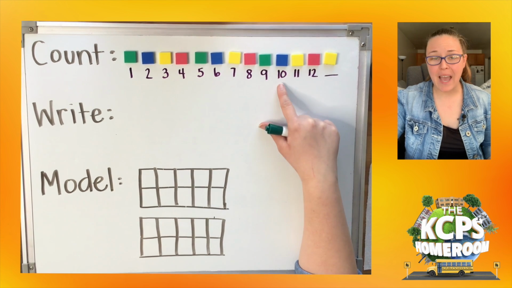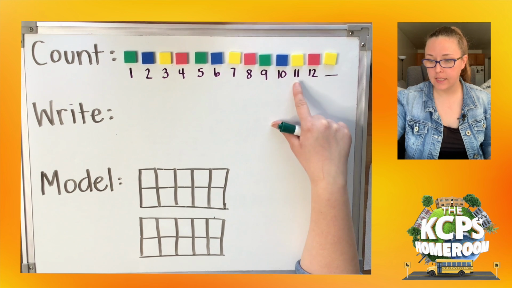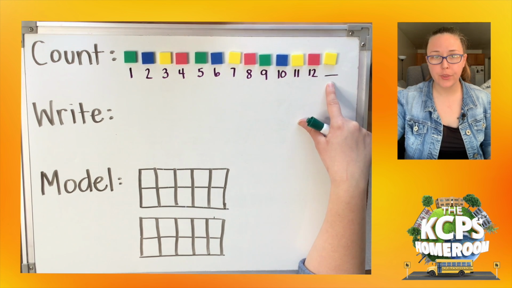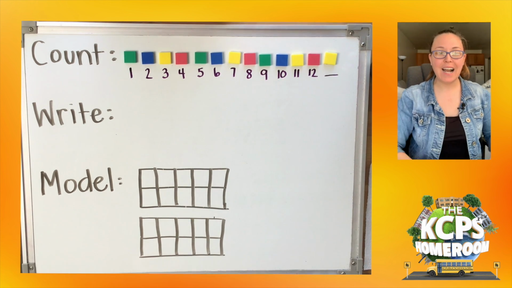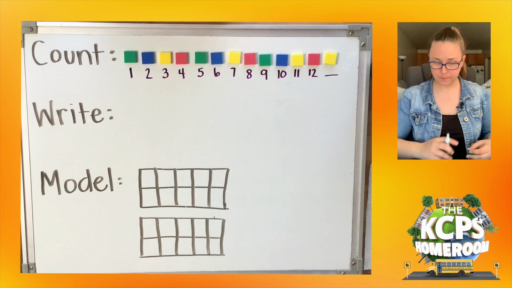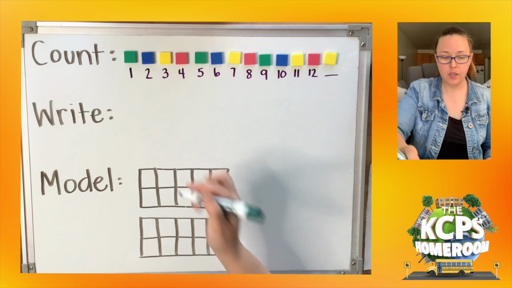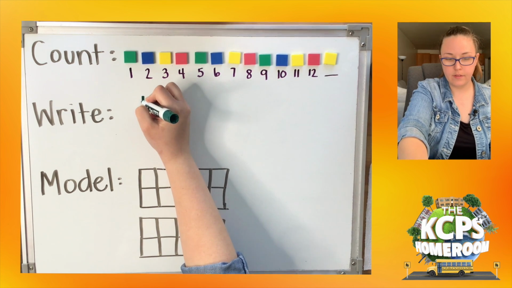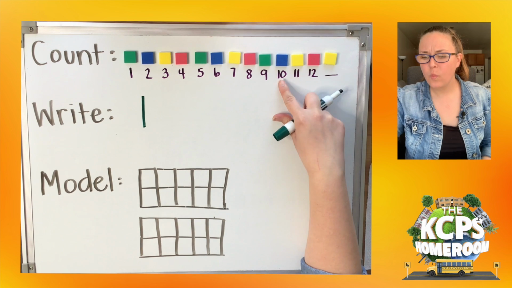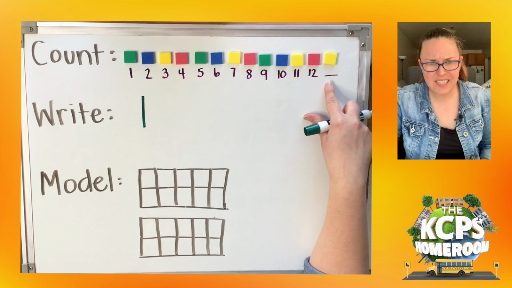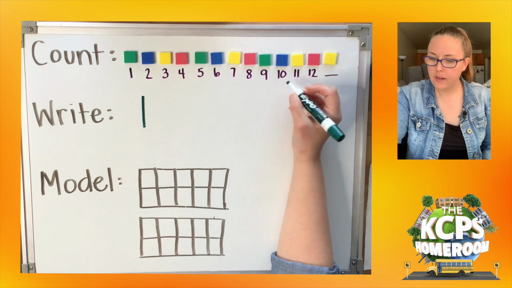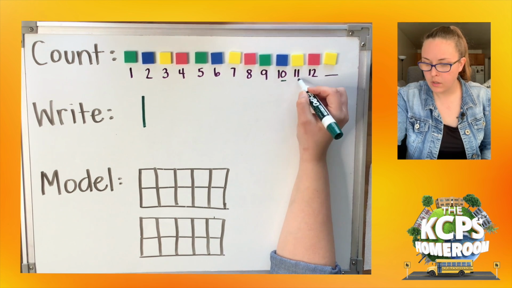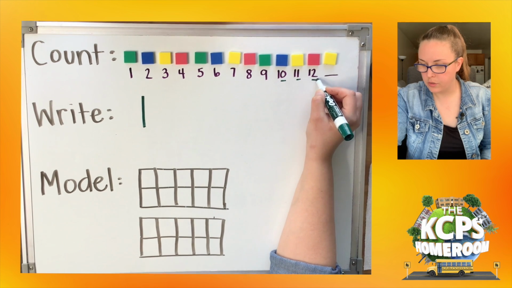Do you see a pattern? 10, 11, 12, 13? Let's see. I know that 13 starts with a 1. And what's the pattern? What's the next digit in the ones place? So here I have 0, 1, 2.